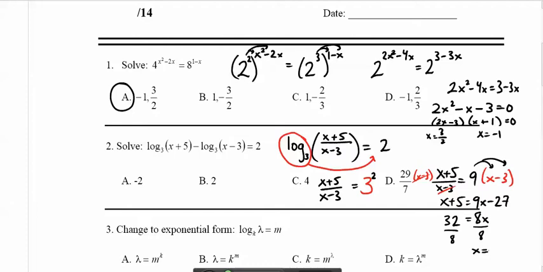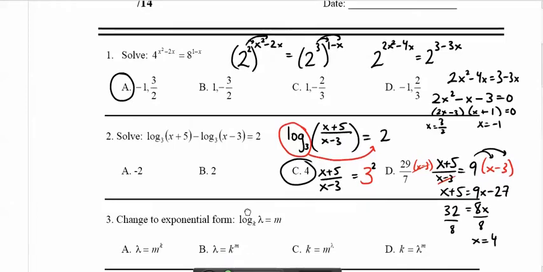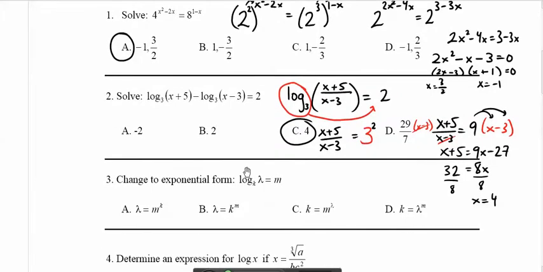So x is 4. And I can check my answer to see that it makes sense. Log base 3 of 9 is 2. Log base 3 of 1 is 0. 2 minus 0 is 2. It makes sense.